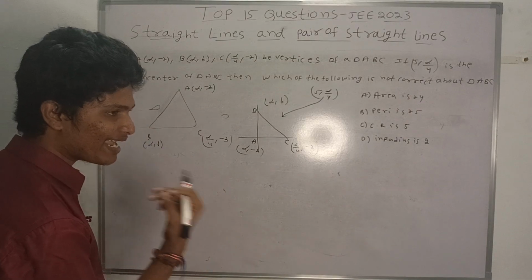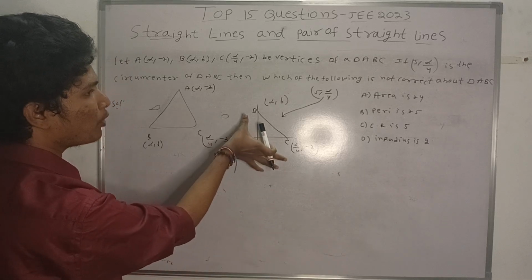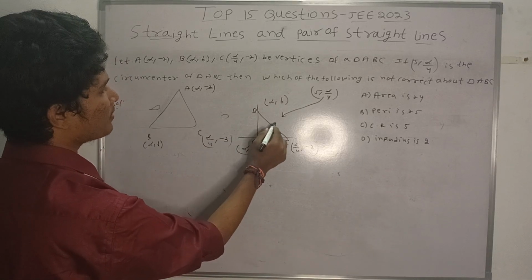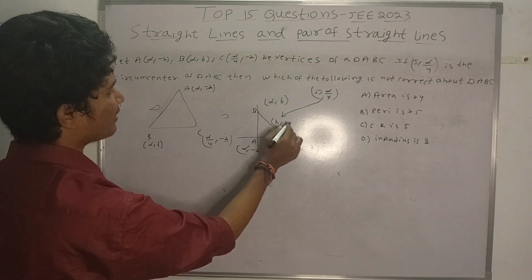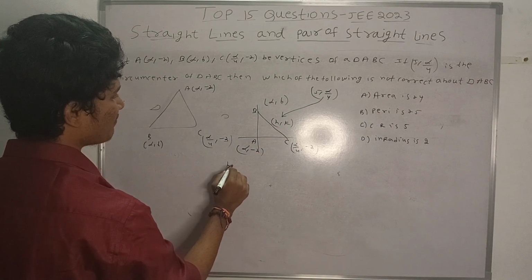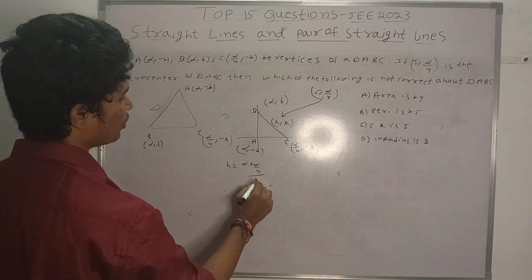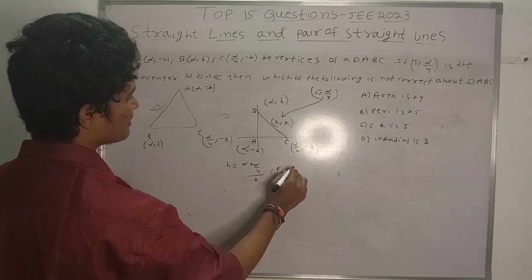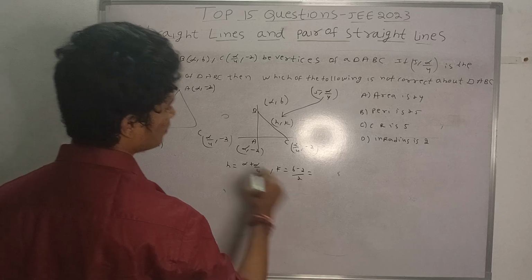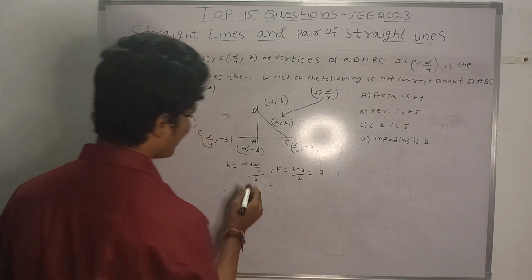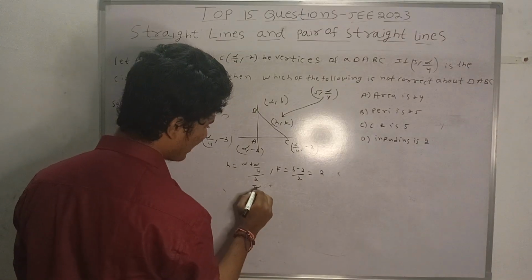The circumcenter of a right angle triangle is the midpoint of the hypotenuse. Suppose we take the midpoint as (h, k). What is the value of h? Alpha plus alpha by 4 divided by 2. And what is the value of k? That is 6 minus 2 divided by 2, that is 2. Here it is (5 alpha/8, 2).